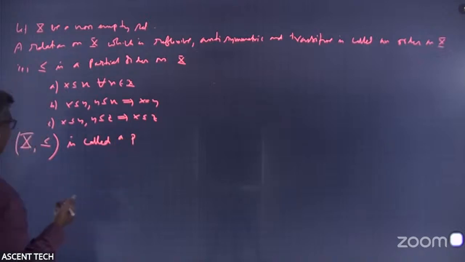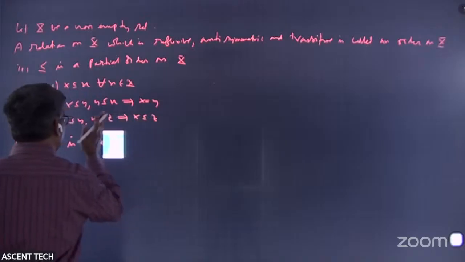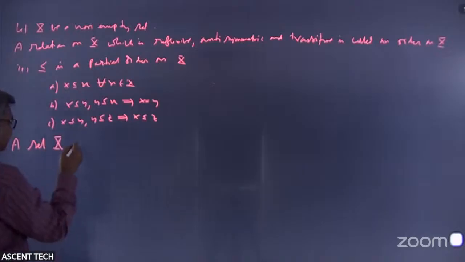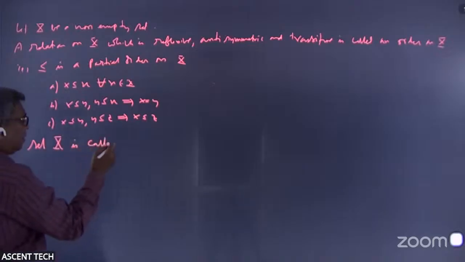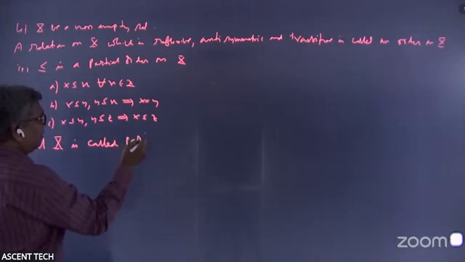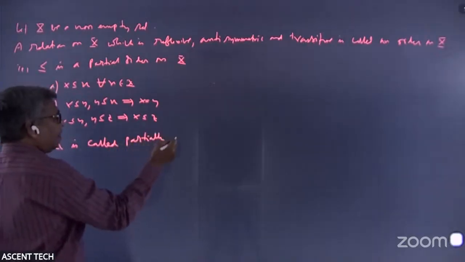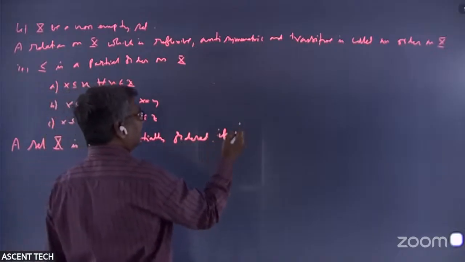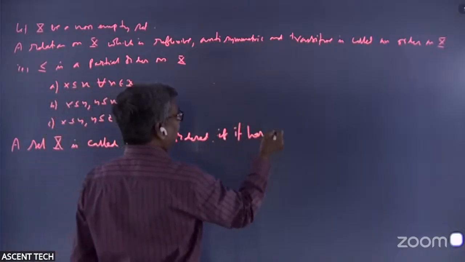A set X is called partially ordered if it has a partial ordering on it.